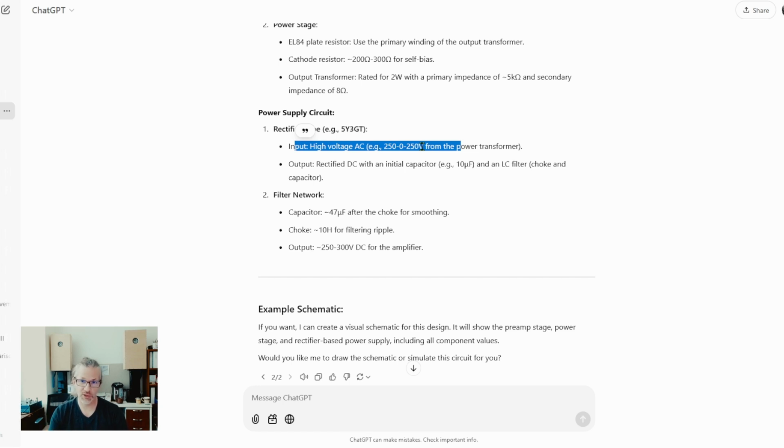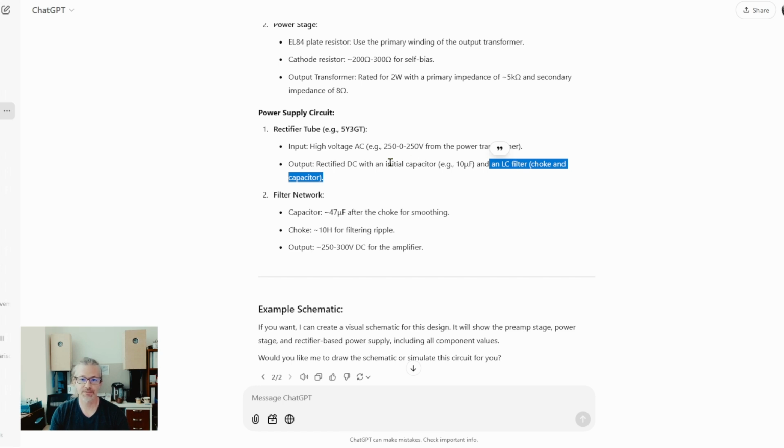So that's a center tapped transformer, and that would work. That would give us approximately a little over 300 volts DC. Output rectified DC with initial capacitor, for example 10 microfarad, and an LC filter choke and capacitor. Very, very nice, very good suggestion.